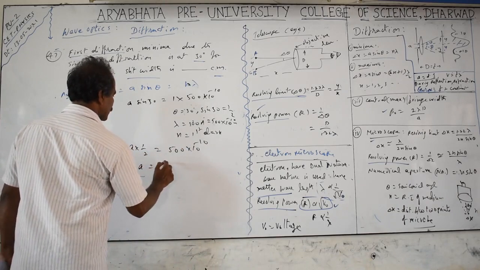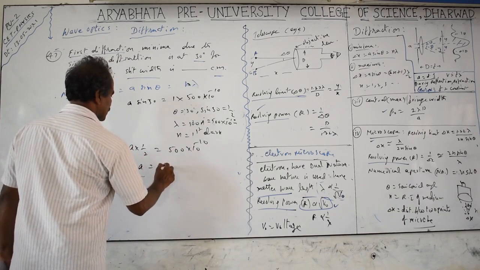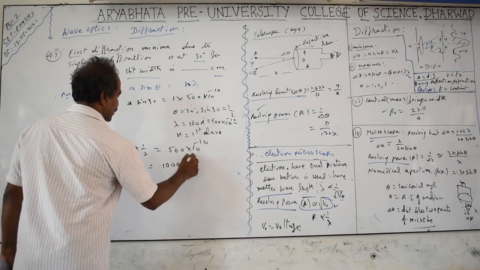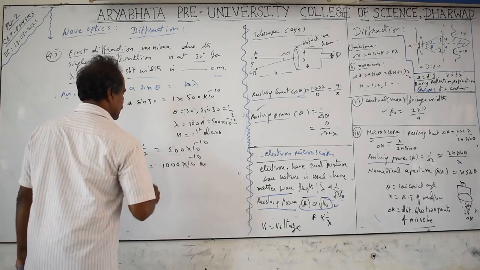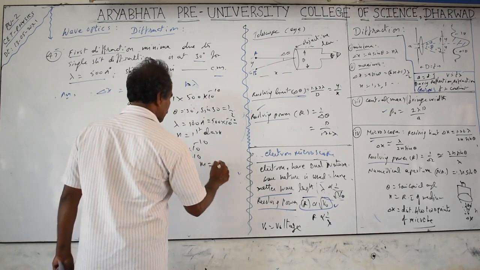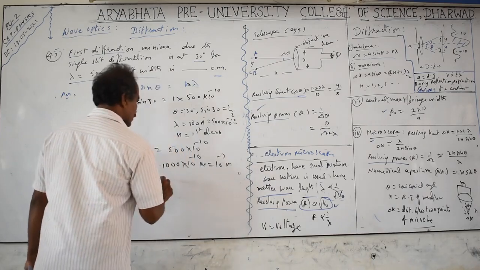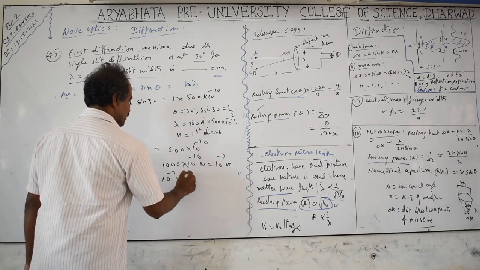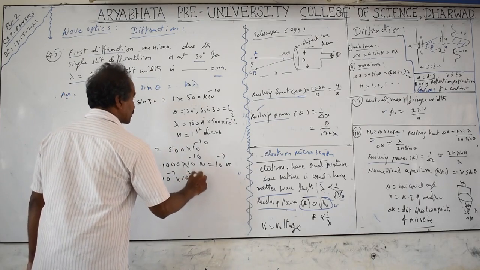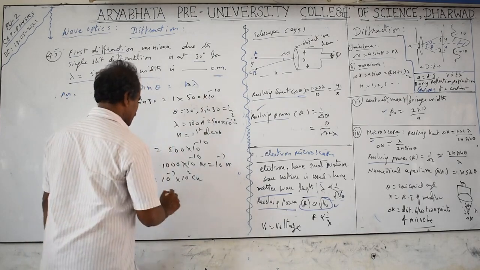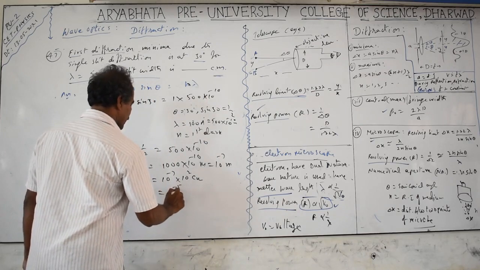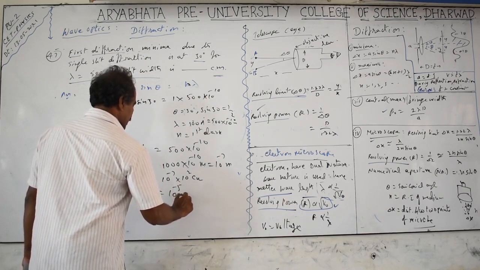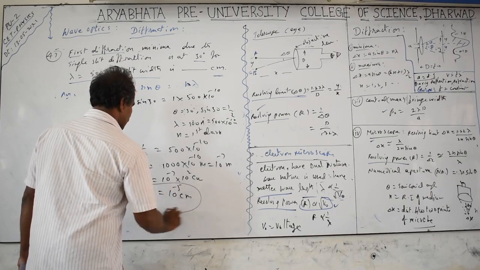So A equals 500 into 2, which is 1000 into 10 to the power of minus 10 meters, equal to 10 to the power of minus 7 meters. Since 1 meter equals 100 centimeters, meaning 10 to the power of 2 centimeters, careful, we are asked to find in centimeters. This is going to be 10 to the power of minus 5 centimeters, the slit width.